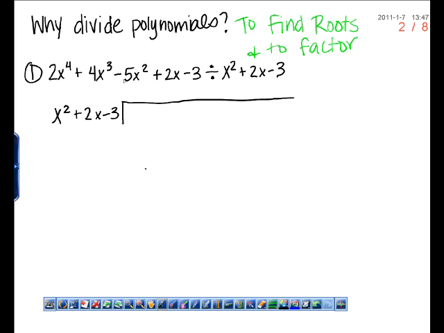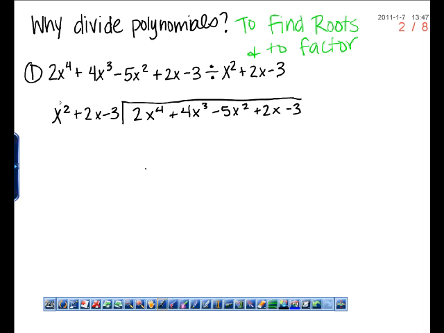Inside goes my polynomial that I am dividing into. Okay, now remember those same steps. We're dividing, then we're going to multiply, we're going to subtract, and we're going to bring down.